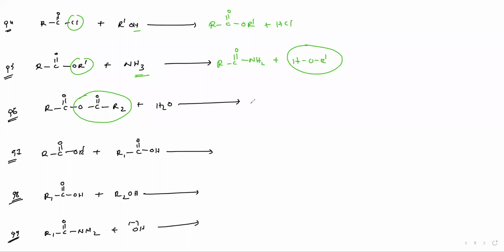Again, suppose this one is a leaving group. That means this group removed. You get this one. And one H added with this negative charge. So you get another product like this one. Again, next is OR and H removed. R prime OH.